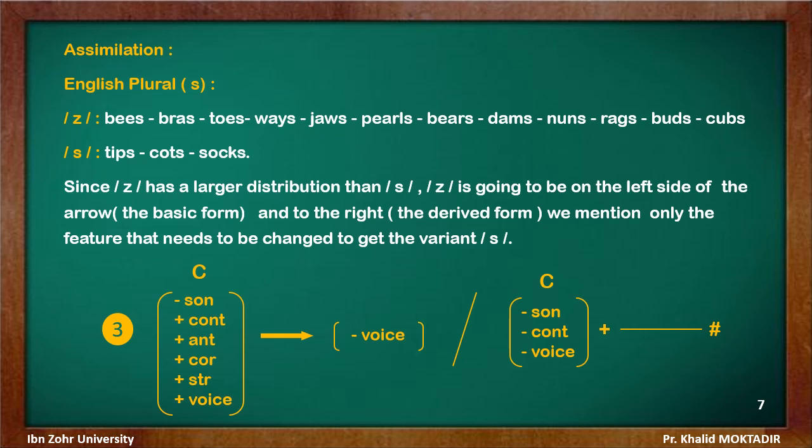And then we have the morpheme boundary, and then the environment for the plural S. And finally, the word boundary. So that's where the plural S occurs. And it is preceded by a consonant which is minus sonant, minus continuant, minus voice. In other words, the rule is saying the voiced plural form becomes voiceless when it is preceded by a voiceless stop.